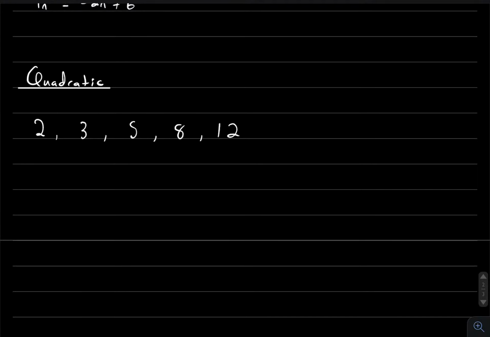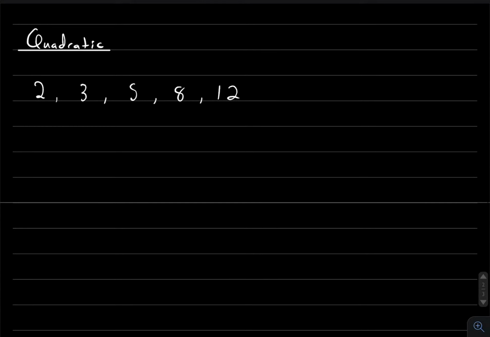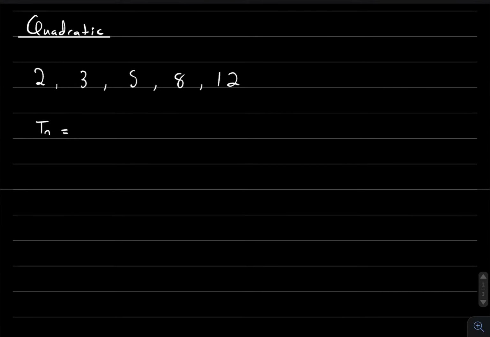In this case, finding the general term is a bit more complicated, but it's still not difficult. Okay, so first we need the general form. We need to know what shape the general term needs to look like. So that's Tn equals an squared plus bn plus c. So we know that when we find the general term of this sequence, it'll look something like this.